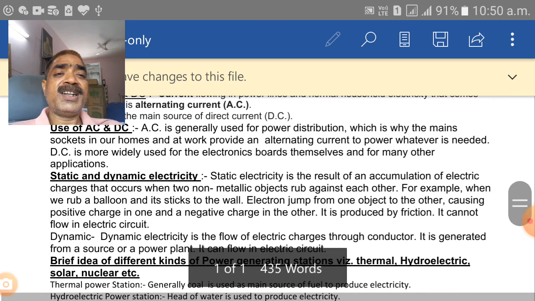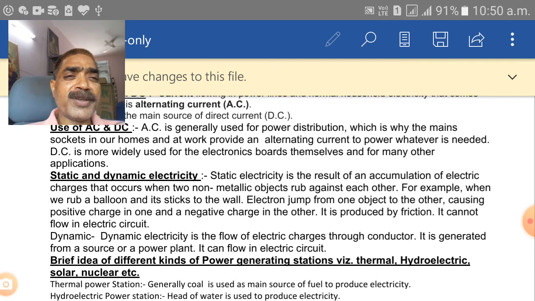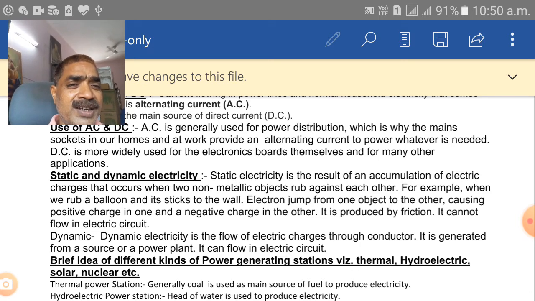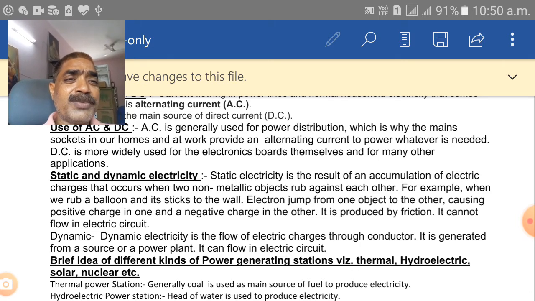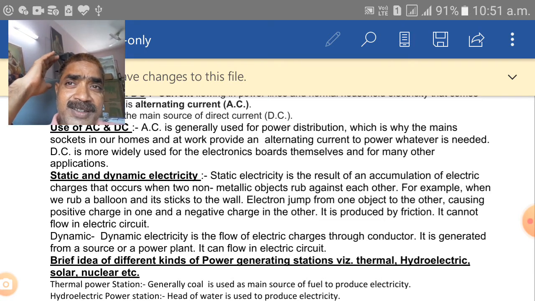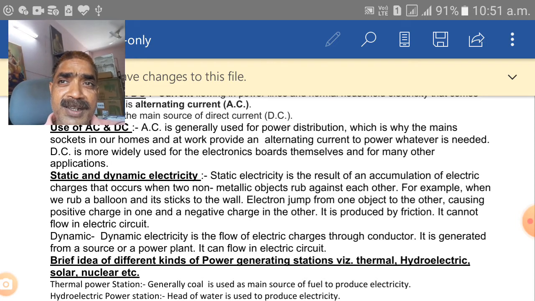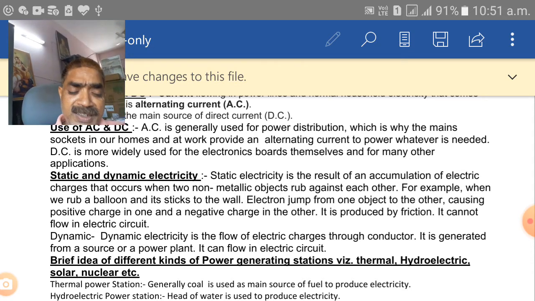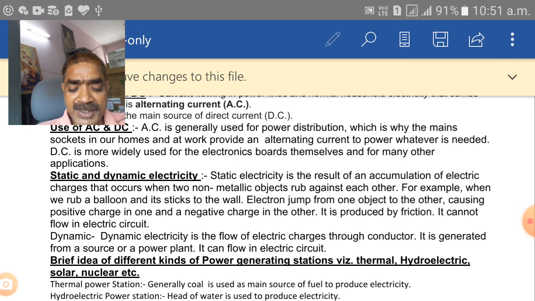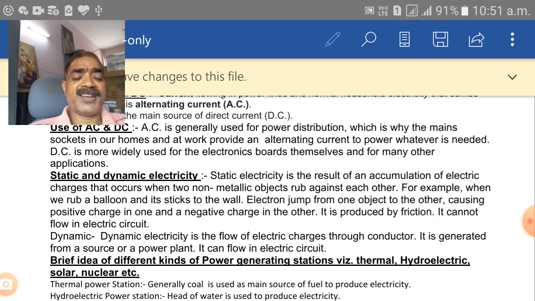Next we come to static and dynamic electricity. So you are looking, there are a number of examples of static electricity, such as when you are combing your hair, then you tear some fine paper and keep it on the table, and the comb attracts the fine pieces.